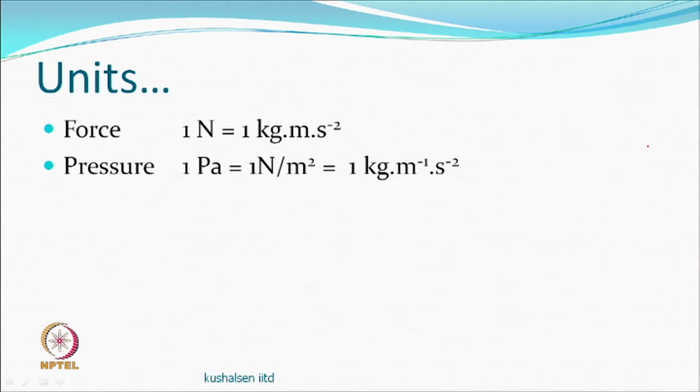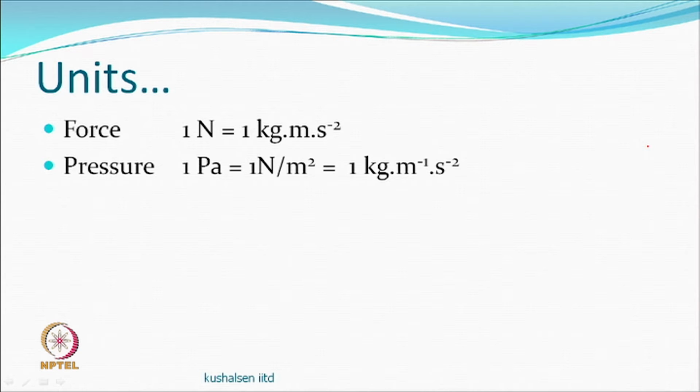Just so that we do not get confused in case some small numerical comes. You have force defined as a Newton, all right. This is kg meter per second square, because this is mass into acceleration. Then you have pressure, which is in pascals, the Newton per meter square.